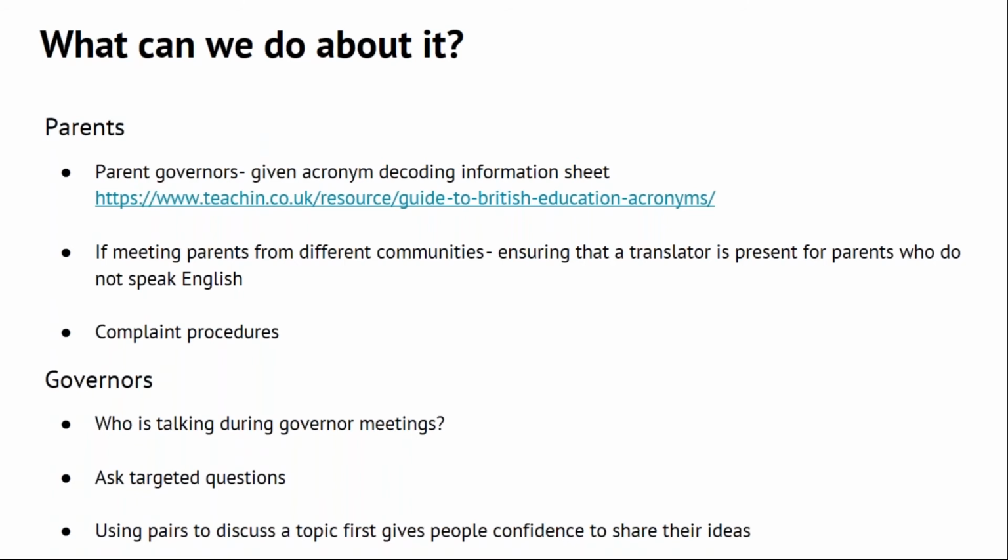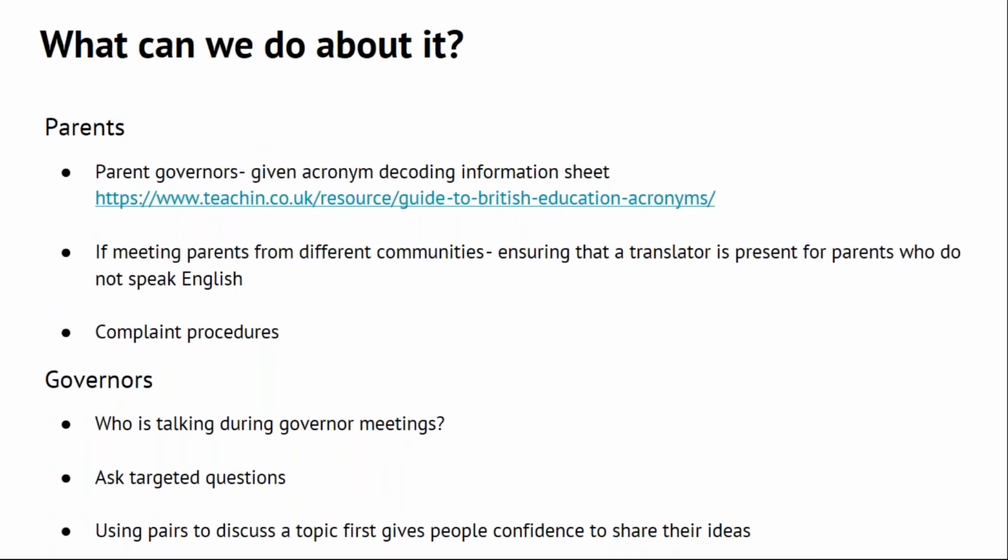And then looking finally at governors, so maybe more of a role for the chair of governors, looking at who is talking during governor meetings, in order to make sure everyone's voices are heard and that everyone feels confident and wants to share, then asking targeted questions.